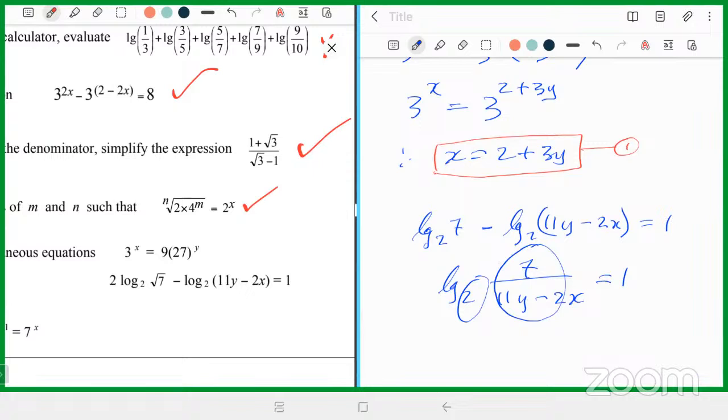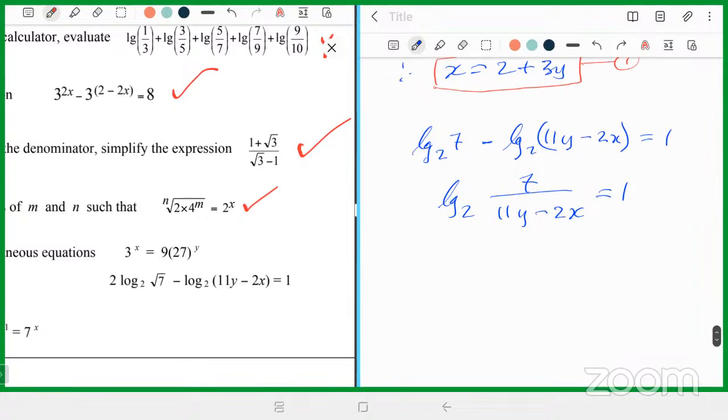So we can write 7/(11y − 2x) is equal to 2. We can take this now and multiply it up by the 2. So we get 7 = 22y − 4x. That's our second equation.